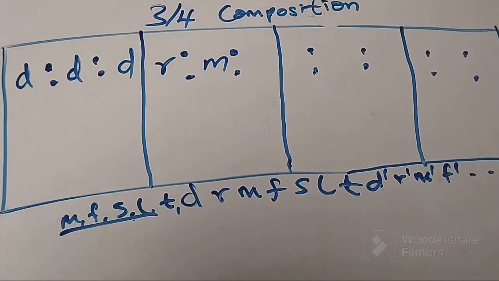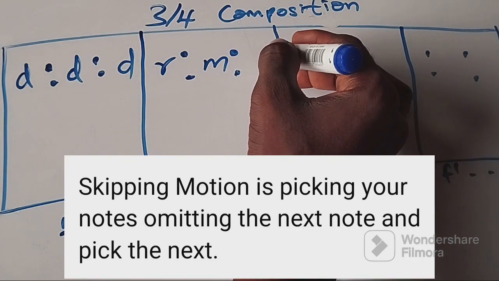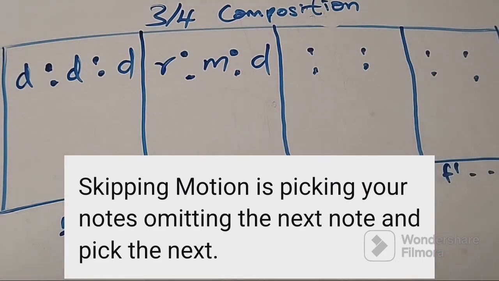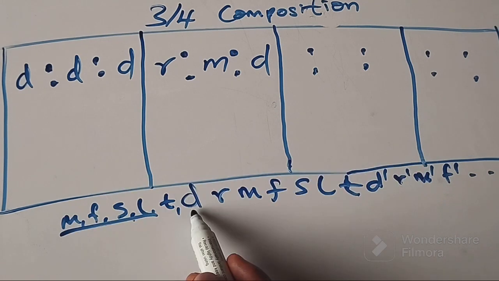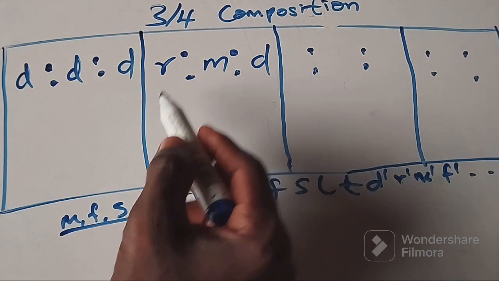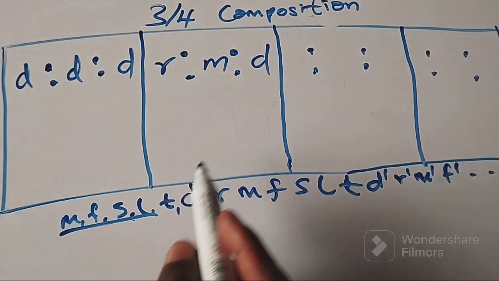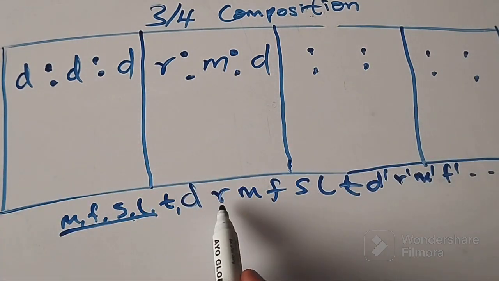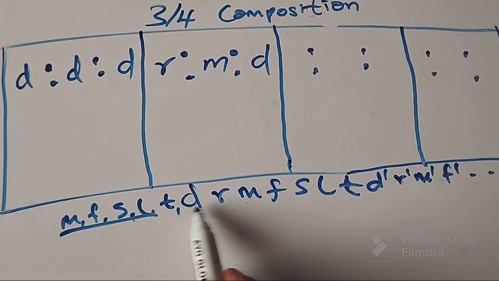But if it is skip, you want to add skip. That is skip. Now from mi, I have skipped this one to this one. So it's no more going by do, re, mi, fa, sol, or mi, re, do, ti, la. I have skipped this one. Mi, I skip this one. That is add another one.